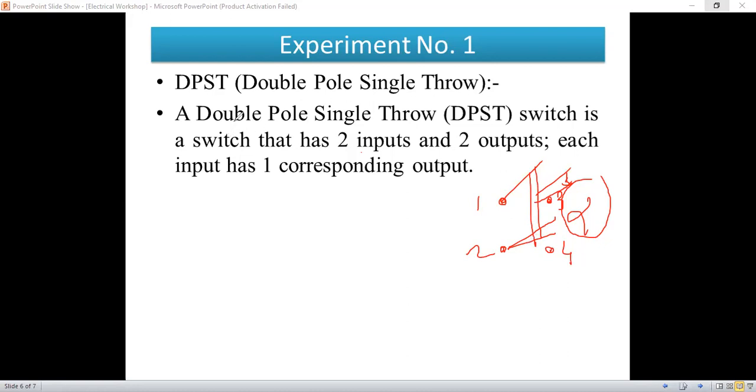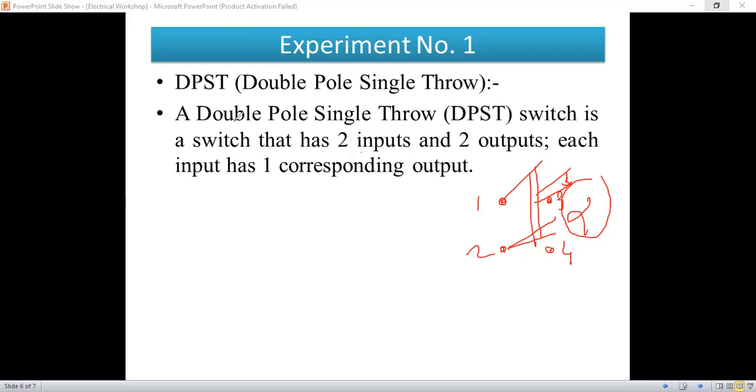So double pole single throw, a double pole single throw switch is a switch that has two inputs. याच्यामध्ये याला दोन इनपुट असतील, and two outputs.